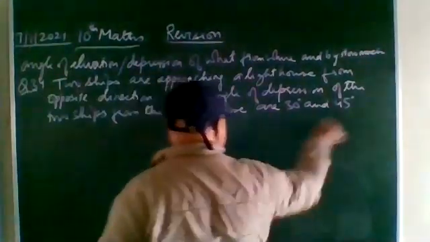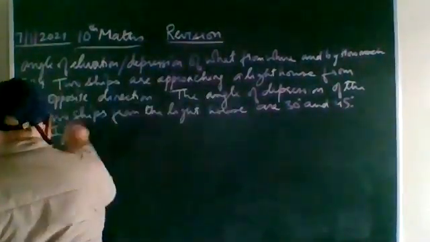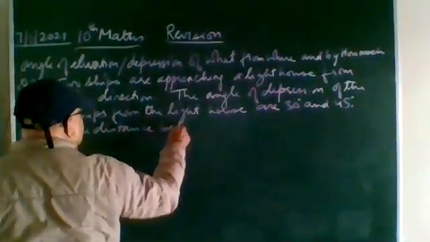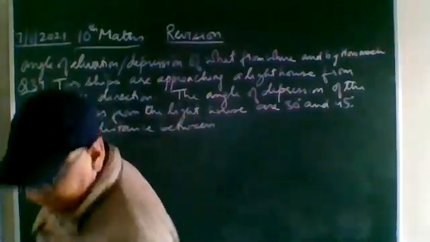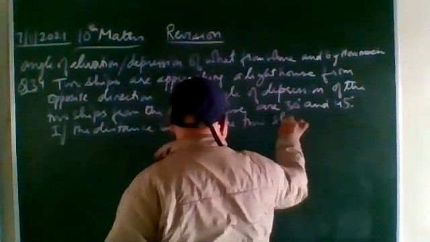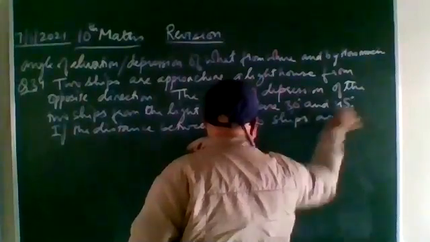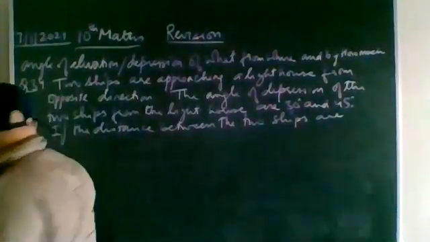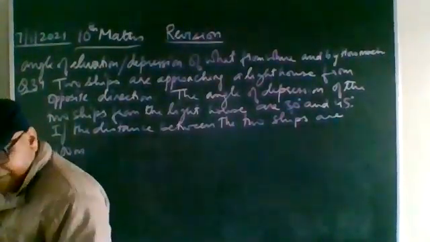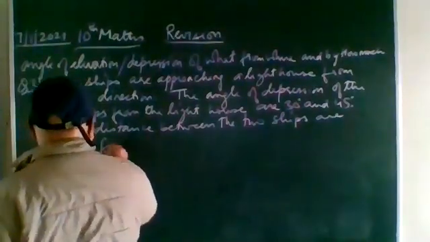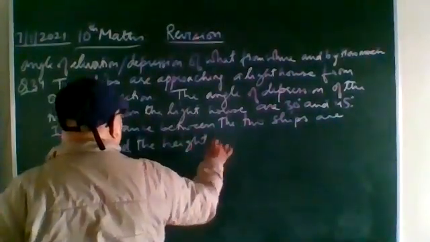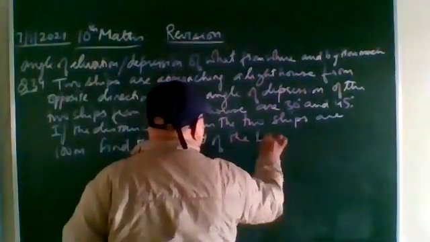If the distance between the two ships is 100 meter, find the height of the lighthouse.